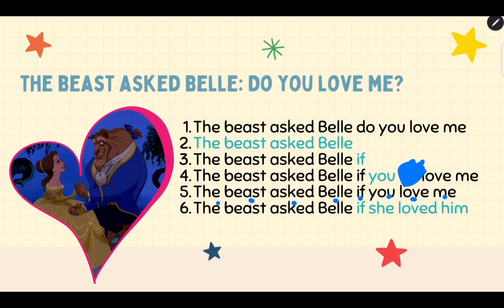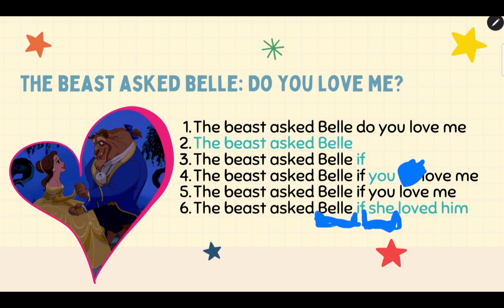But remember that we have to continue changing the sentence according to the steps for reported speech. So here we have to change the person, right? So here, whom is the Beast asking the question? Very good, to Belle.